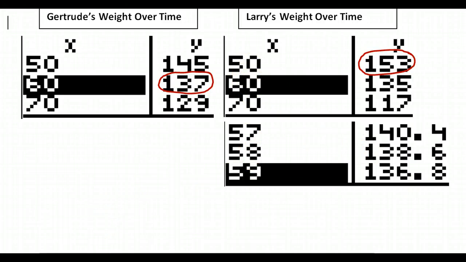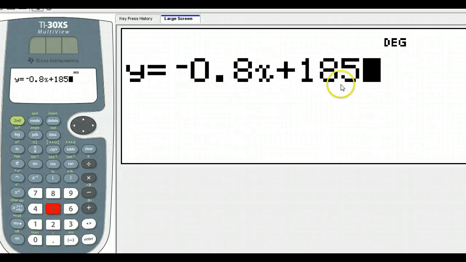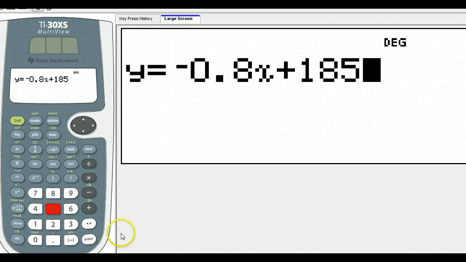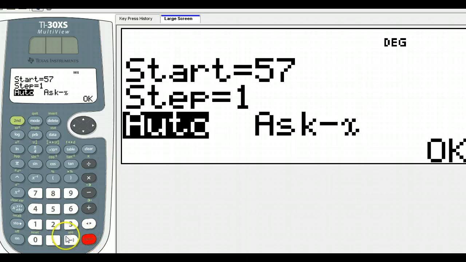Let's see if I got the right zone. Now let me go back and grab Gertrude. Now I've got Gertrude's equation back in the calculator. I have it set to count by ones again.